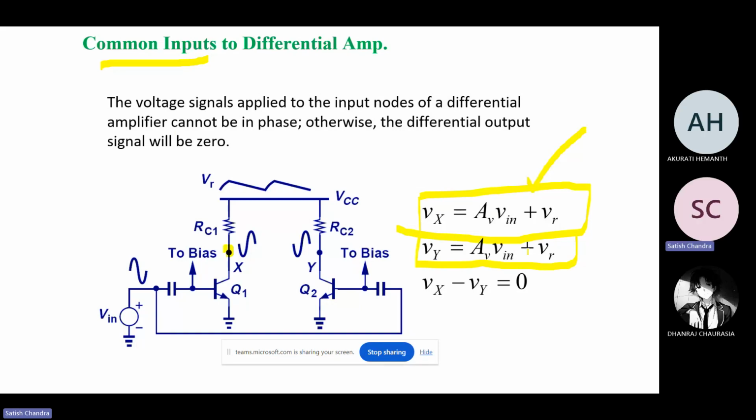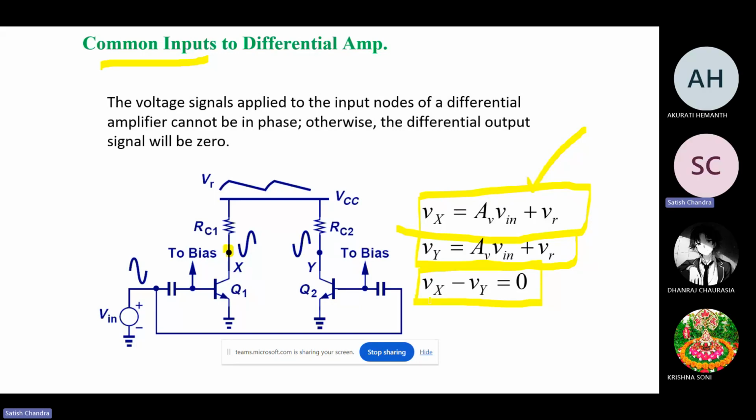If I take the output across X and Y, we get a value of 0. It means the amplifier rejects the common type of input. That is why a differential amplifier is very good for CMRR, the common mode rejection ratio, which is basically infinite.